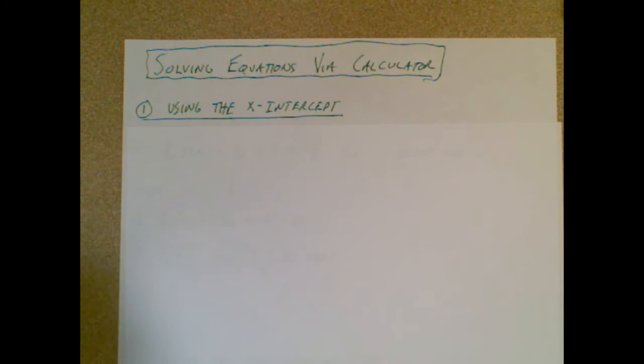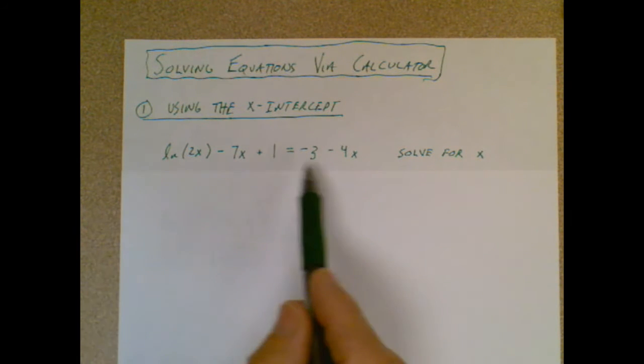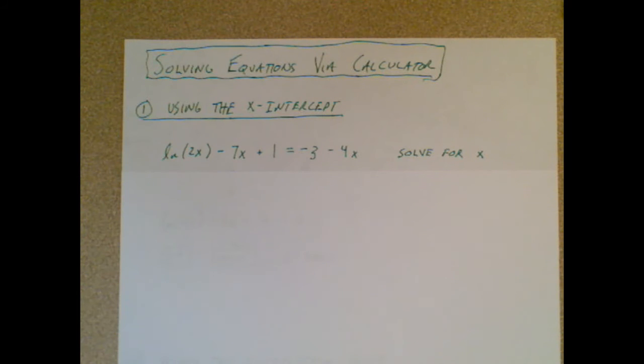The first way is using the X Intercept, and we're going to use this contrived and hopefully a little bit clunky looking equation. We want to solve for x. Could you do this by algebra steps? Maybe, probably. I don't know. Looks like it might be a little bit goopy.